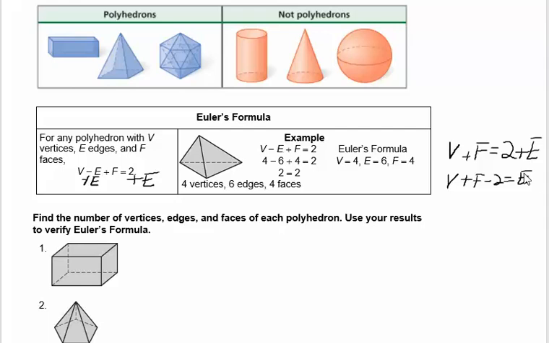But our book uses V minus E plus F equals 2, and that's fine. This is the way I learned it in school.